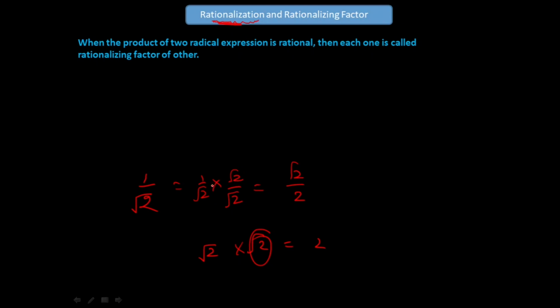So what is rationalization? It is a process under which we convert an irrational denominator to a rational denominator. Let's come to the definition: a process to make an irrational denominator rational.